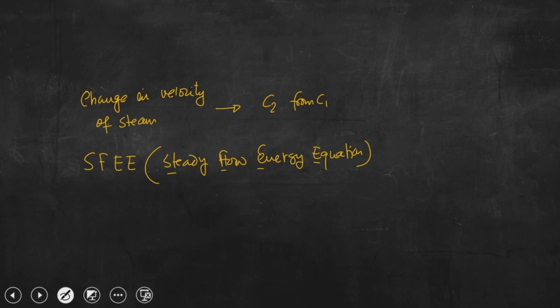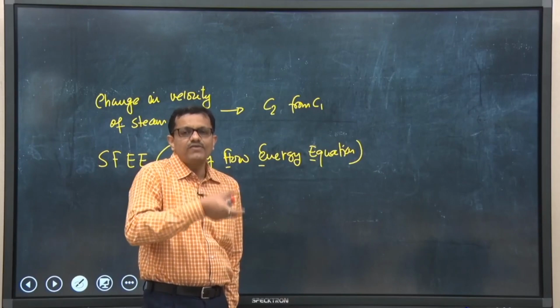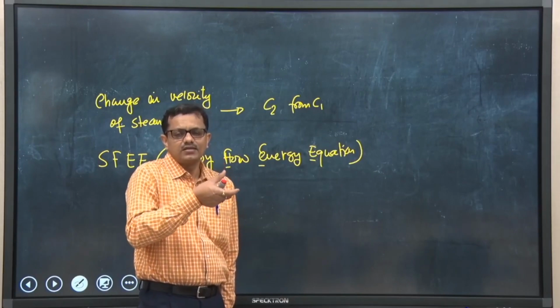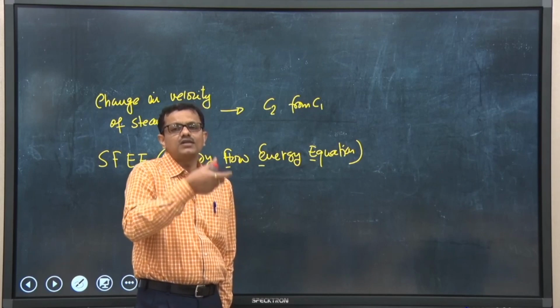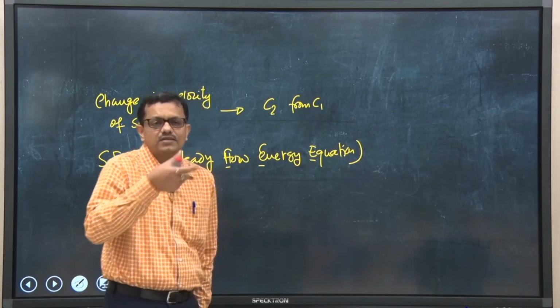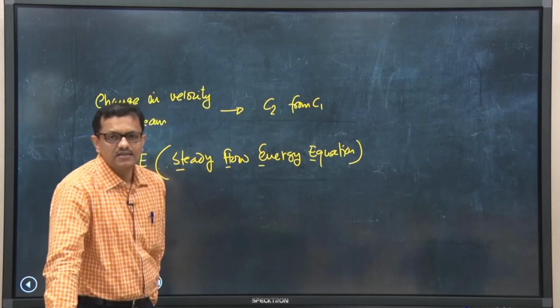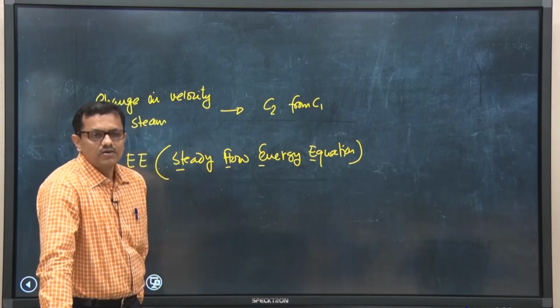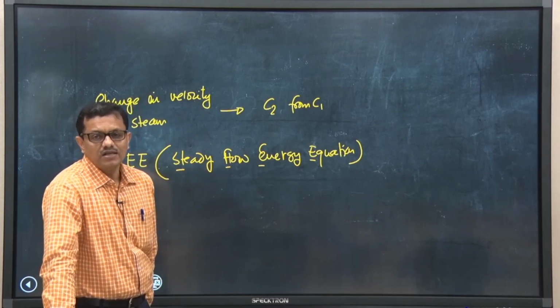At the cost of that heat drop or enthalpy drop, we are getting the kinetic energy. So, basically energy is getting converted from one form to another. What fraction of the enthalpy drop is the kinetic energy available at the exit of the nozzle?